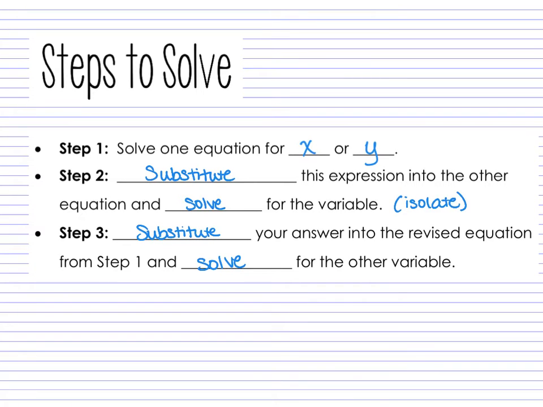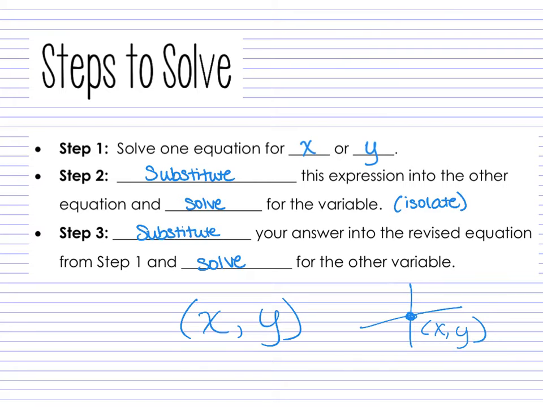Now remember, the one thing that hasn't changed: our method is changing in how we're solving the system of equations, but our answer remains the same. We are still looking for a point x, y. When we were looking at the graphs, we knew that that point of intersection was our answer, our x, y.